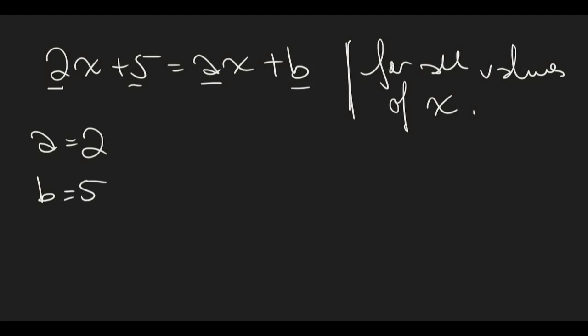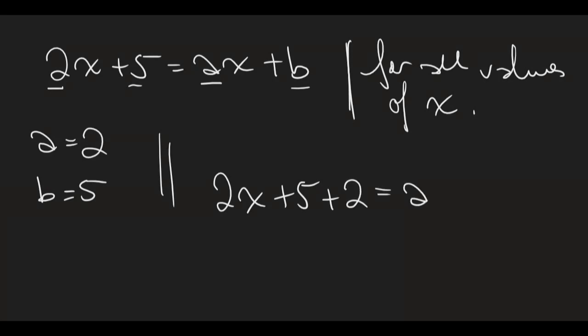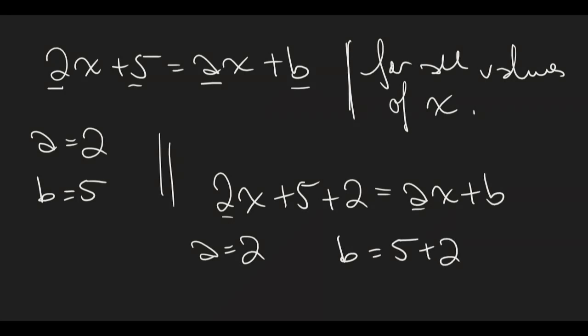And if we had such a situation that maybe we had 2x plus 5 plus 2 is equal to ax plus b, then we would still know that a is equal to 2 because it's the coefficient in front of the x, and we could say b is equal to 5 plus 2 because it has a like power of x implied, x to the 0.